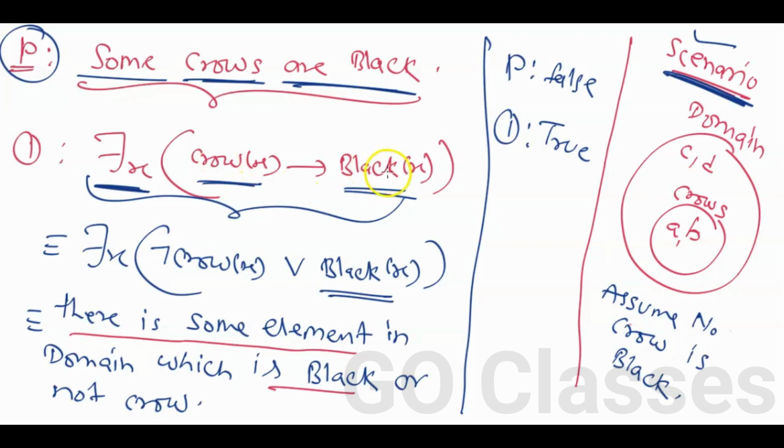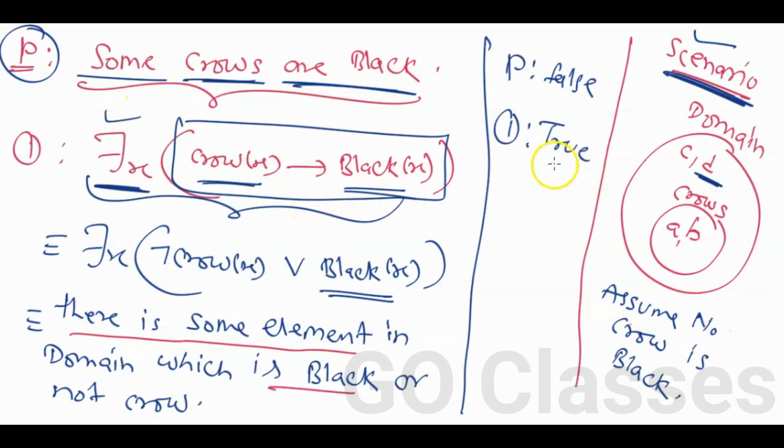You can notice that expression 1 is true because of this element D. For D, the crow part will become false because D is not a crow, and so the implication's internal expression will become true. Because D is in the domain and for D the internal expression is true, the existential quantifier will become true.